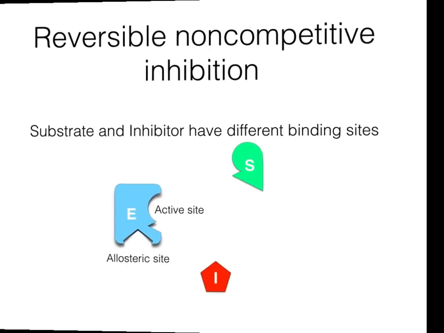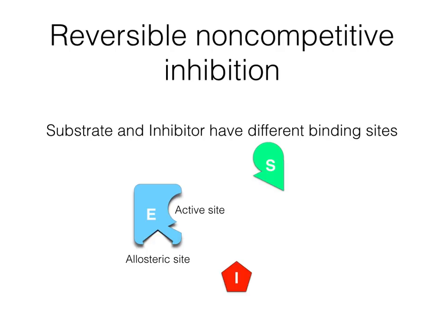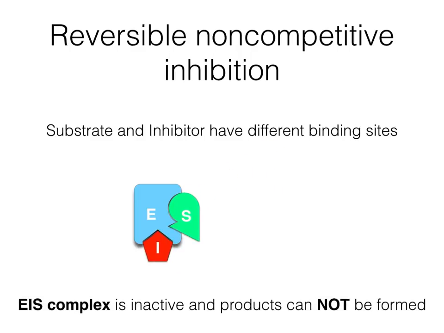So let's move on now to reversible non-competitive inhibition. The substrate and inhibitor have different binding sites, and that would be the allosteric site. So the inhibitor can either bind first or can bind after the substrate is bound to the active site.